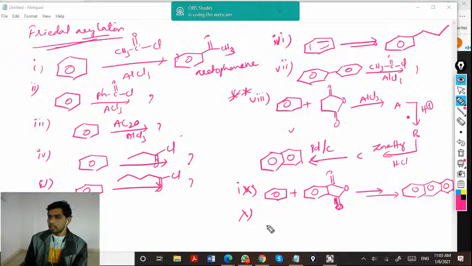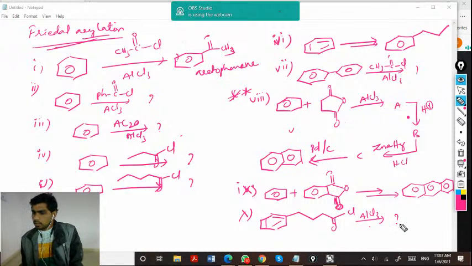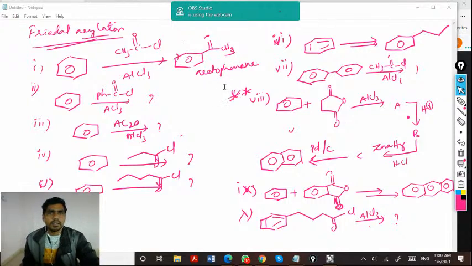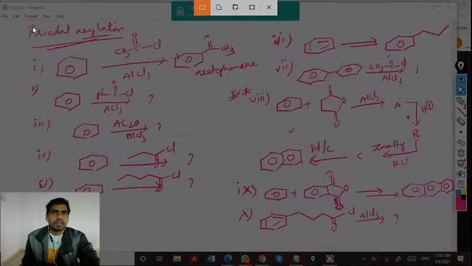One more internal Friedel-Crafts acylation. So these are the workouts. Try to do more workouts. Here I have many more examples also. If you can work these out, they are sufficient for any examination. Take a look.